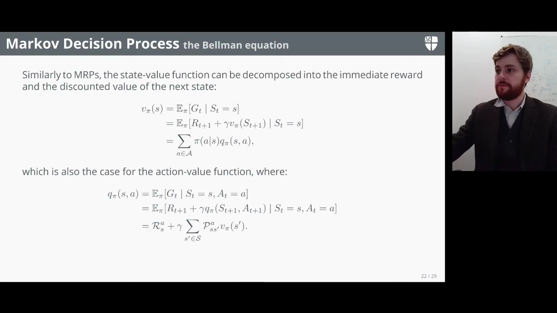If we look at this in a bit more detail, we have the expected value of the reward of the next state plus the discounted action value function of the next state and action, conditional on a state and action. Similarly, it's the immediate reward for that action in that state plus the discounted value, summing over all of the next states, of the transition probability times the value function of the next state.